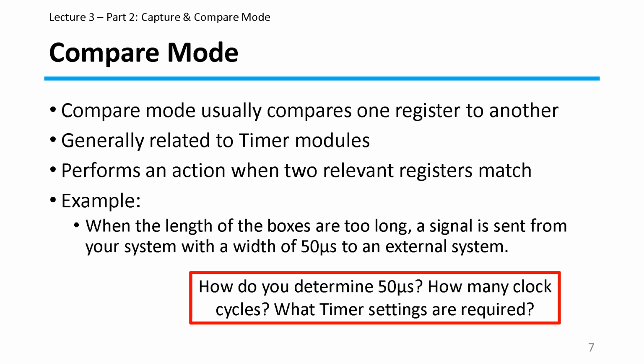Think about how many clock cycles that is. What information do you need to obtain how many clock cycles 50 microseconds will take? Secondly, it generally relates to the timer modules. So how do you set your timer modules so that you can perform the comparison itself?